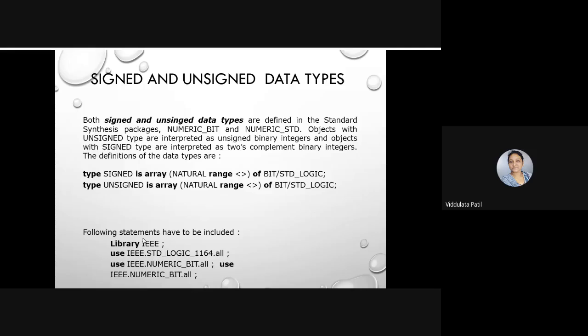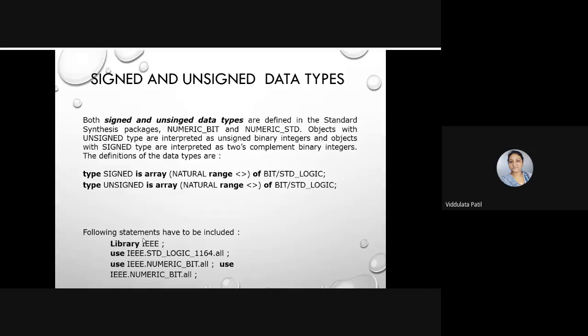Because we wanted to operate with unsigned numbers, we used these packages. Remember that whenever you want to use signed or unsigned numbers, you need to add not only the std_logic_1164 package, but these extra packages also, numeric_bit as well as numeric_std.